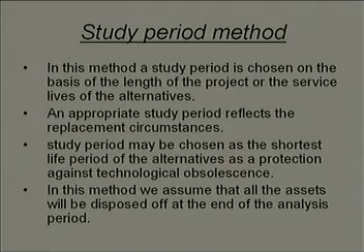So, if I take the example of 3 years and 4 years, in most of the cases the study period would be taken as 3 years. However, in some cases it could also be 2 years, just to summarize that. Now, the illustration of this particular method will be covered in the next lecture when we see the annual cost and worth method.